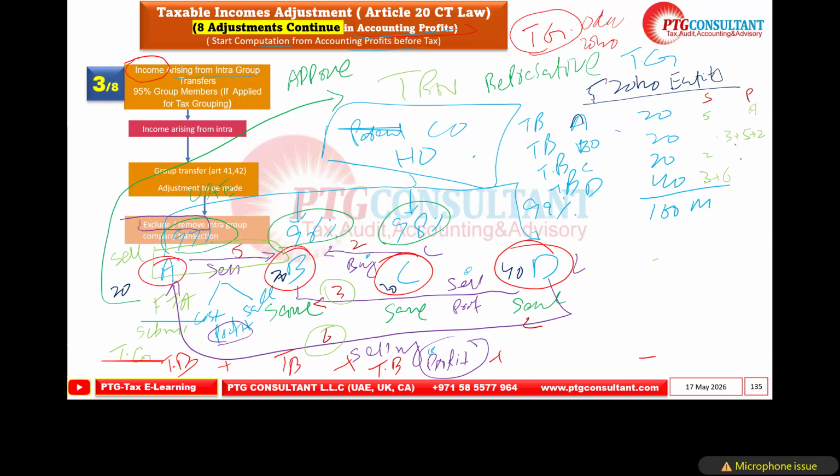So how much will it be? 5 plus 2 plus 3 is 10, plus 6 is 16. So here is also 16, and here is also 16, and the other side is also 16. Right or no?